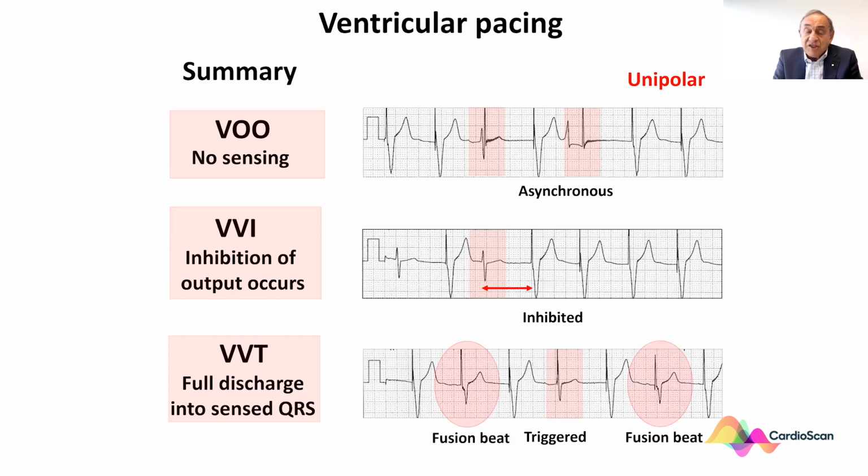There are on both sides of this two red highlights showing what we call fusion beats. Here, the stimulus artifact occurs at the very same time that a sinus or native beat is being conducted in the heart. Let us therefore look a little more at fusion beats.